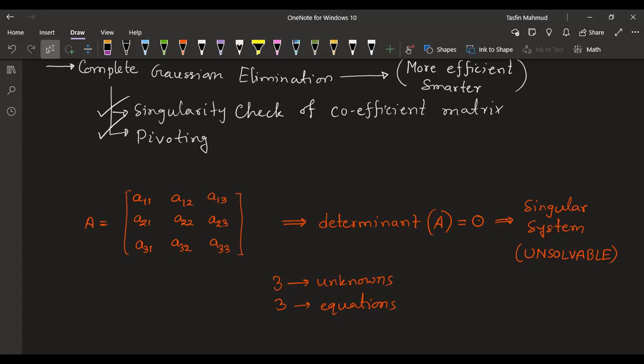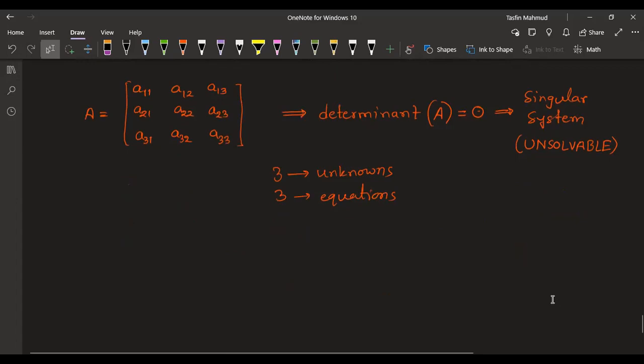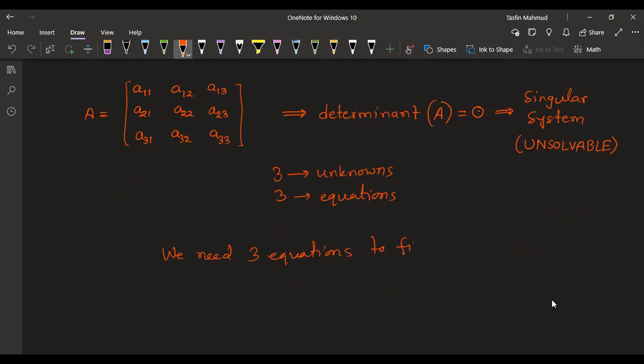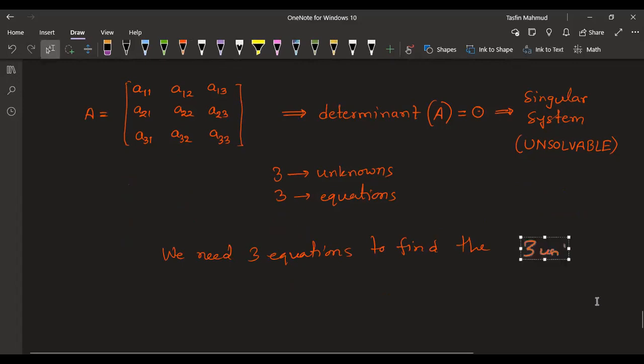Exactly, here is the catch. The statement that I uttered, that we need 3 equations to find the 3 unknowns, is not complete. This statement has some loophole.